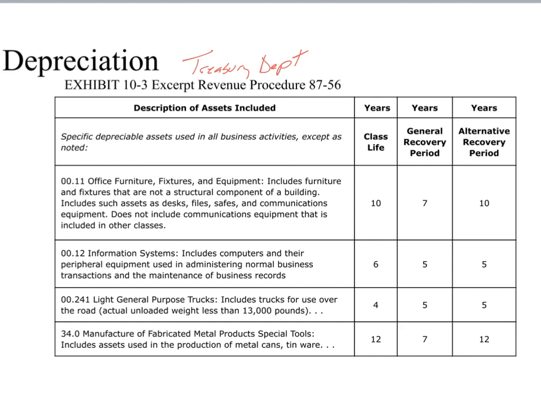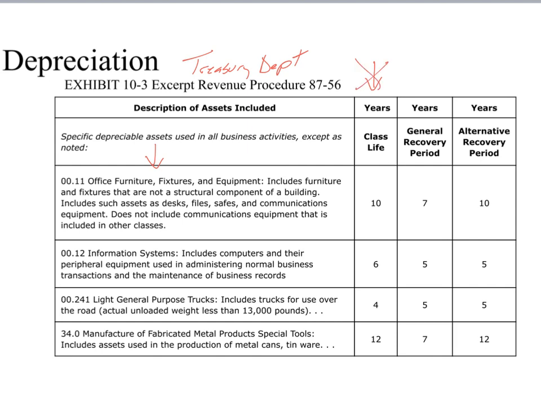All right, but let's look at this chart. You've got specific depreciable assets here, and this class life. Each asset has an asset class, and under certain conventions, you can depreciate a class of assets together. We are not particularly concerned with this column at this time.